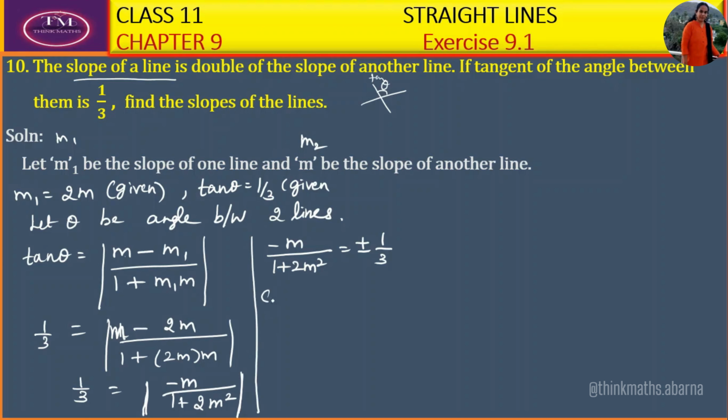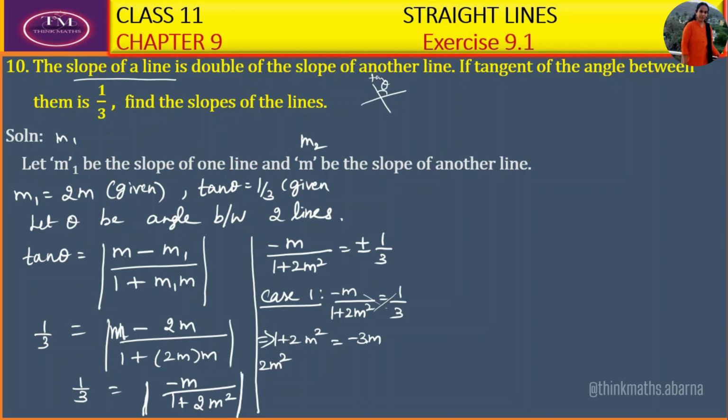So let us take case 1. Case 1 is minus m divided by 1 plus 2m square equal to positive 1 by 3. Now if we cross multiply, 1 plus 2m square into 1 is the same, equal to minus m into 3 is minus 3m. So we will get 2m square.